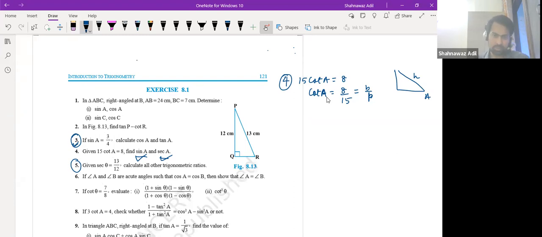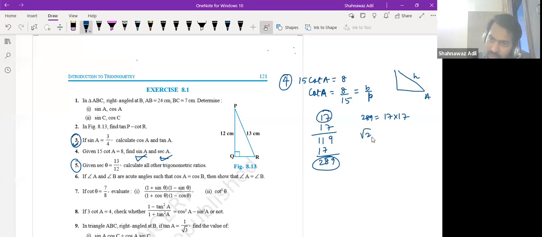I got root of 289 for the Pythagoras theorem. So root of 289 is how much? That is, I guess, 17, right? 289 is 17 square, right?